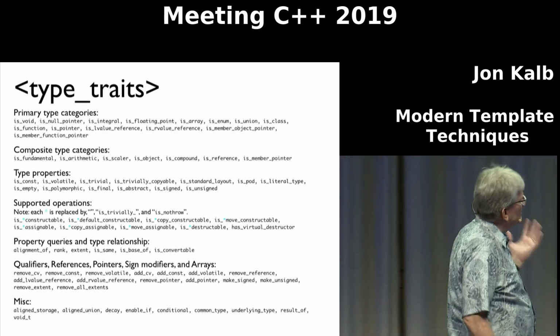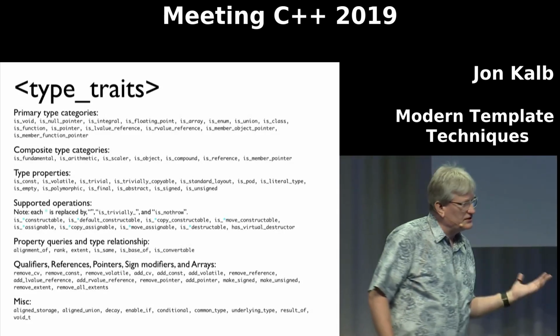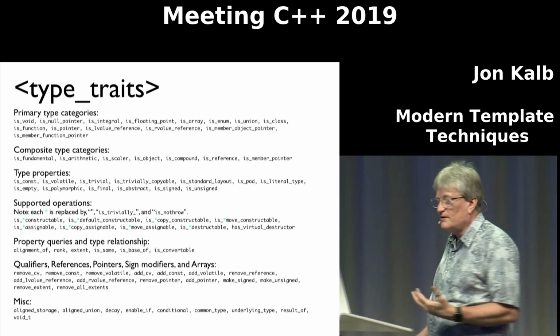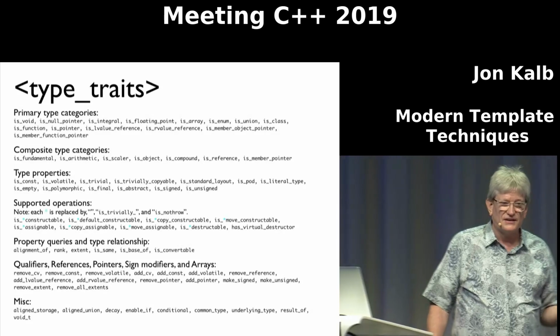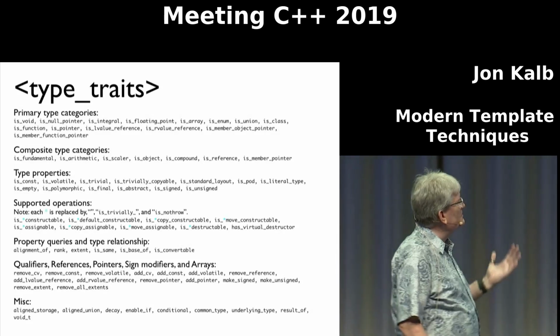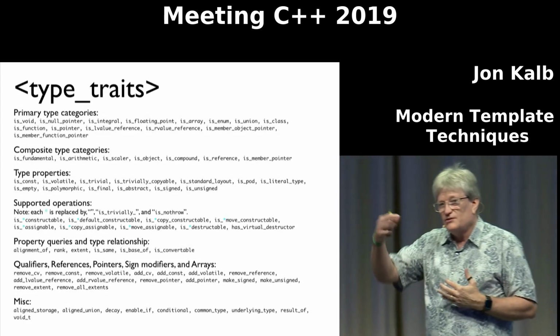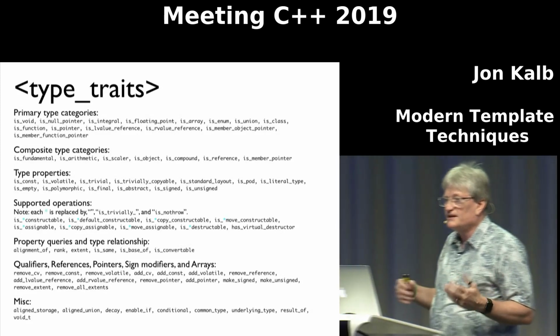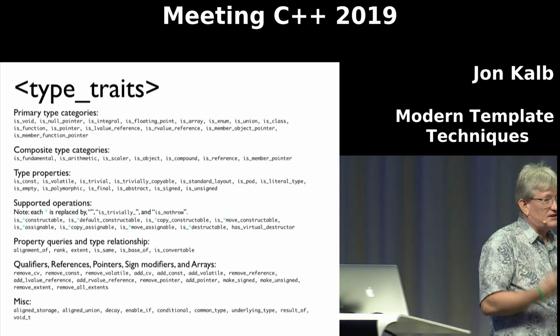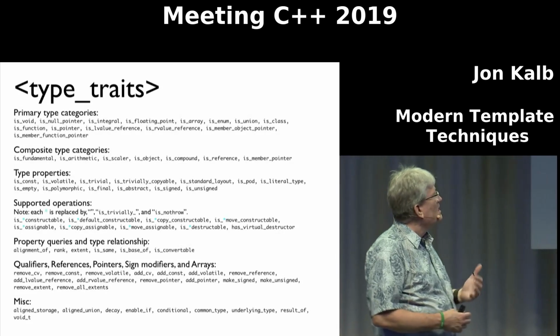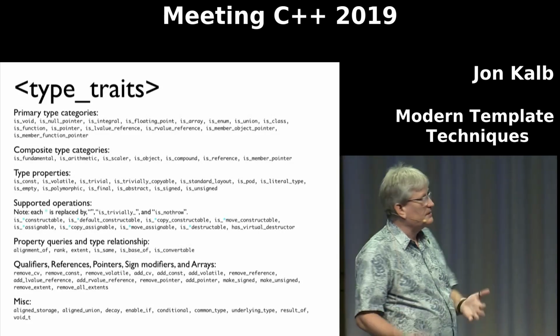So now we're going to talk about all the traits. Well, we're actually not going to go in great depth here. I just want to show you these are the traits that are defined for us in the standard, so that we don't actually have to write our own remove const and all these kinds of things. These are done for us. And some of these things really do need some kind of magic between the library and the compiler, because some of these things are hard for us to actually implement. But the compiler can tell the library, or the library can somehow ask the compiler, is this in fact a union or something like that?